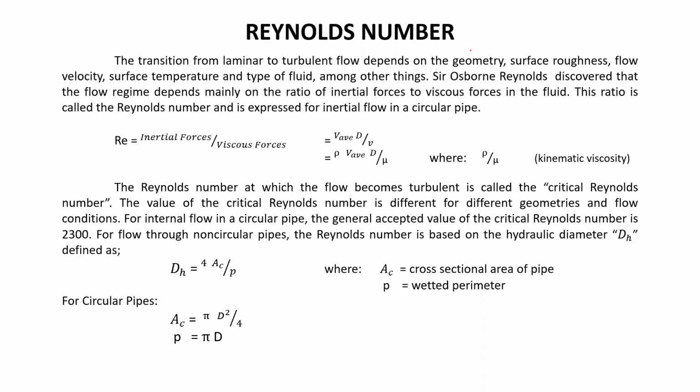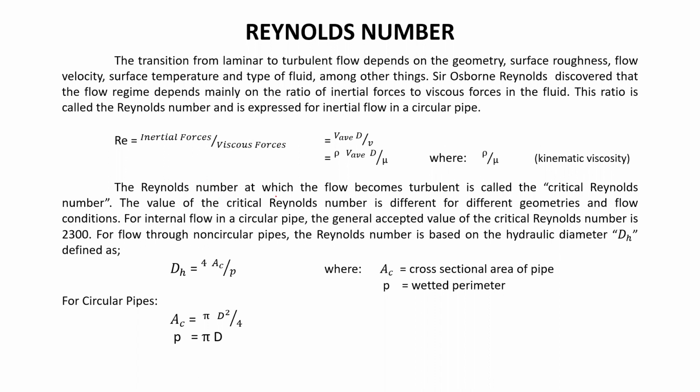Kumbaga yung ating kinematic viscosity is the mu over the rho, or yung ating absolute viscosity over density. So we have rho, or yung ating density, times average velocity times the diameter over the mu, or yung ating absolute viscosity.